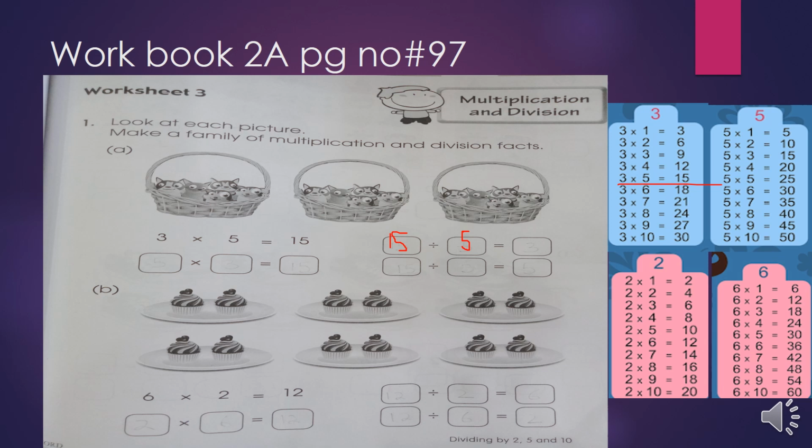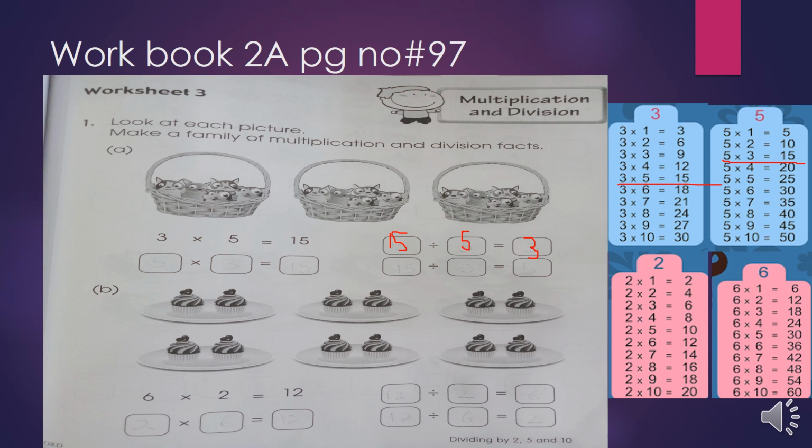It means count how many baskets are there. So who will answer? Yes, the baskets are 3. So there are 3 groups. Is it easy? So when 15 comes in 5 table, 5 3s are 15. Yes, class? Good.